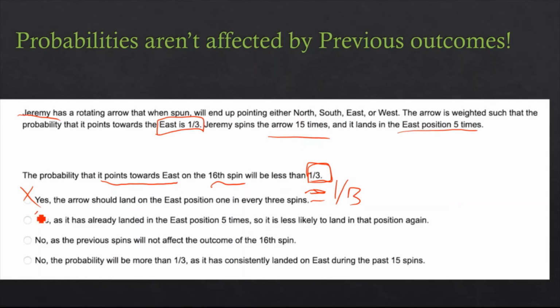So this is the wrong option. Then moving on to the third option, it states no, as the previous spins will not affect the outcome of the 16th spin. And this should be the correct answer, as stated in there. So previous outcomes have no influence, no effect on the probabilities. Just keep that in mind.